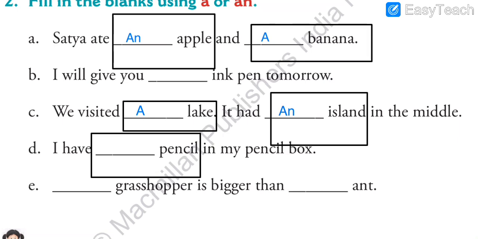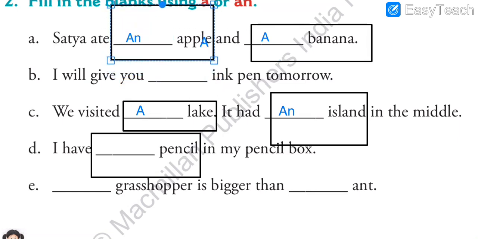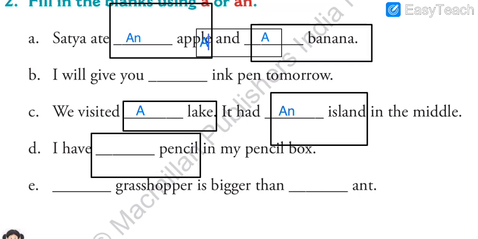So here P is a consonant, so we have to put A before the word P, right? So let me write the correct answer. A. So here A is the correct answer. So let me read the sentence now. I have a pencil in my pencil box.